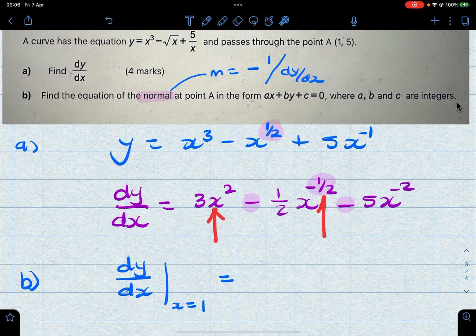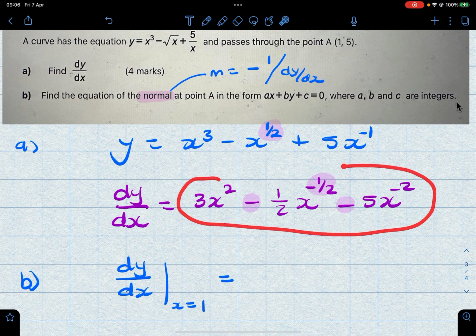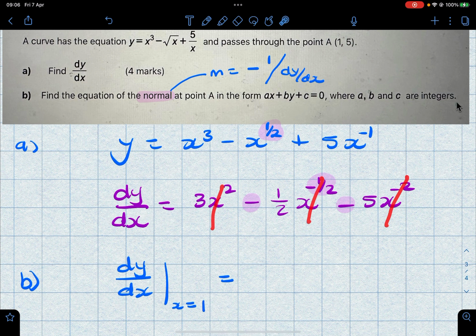So I'm going to put that in my calculator, replacing this with 1, this with 1, and this with 1. Well, the funny thing about 1 is that 1 squared is 1, and the square root of 1 is 1, and 1 to the power minus 2 is 1.